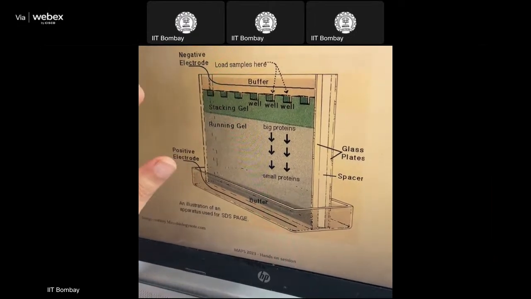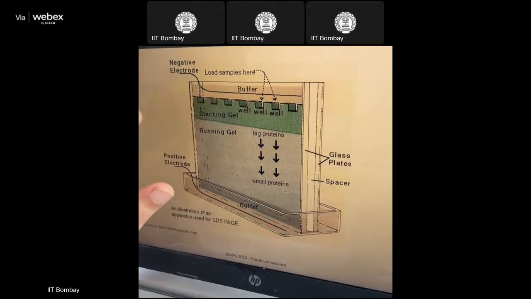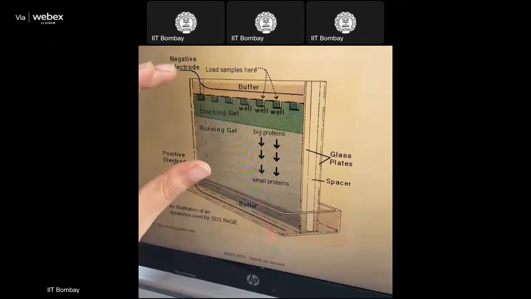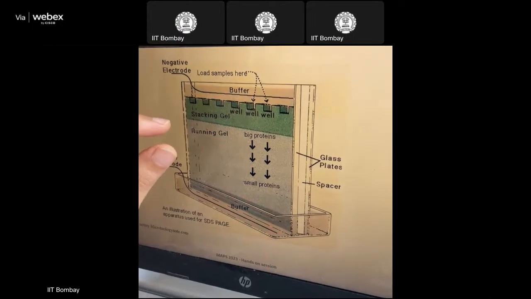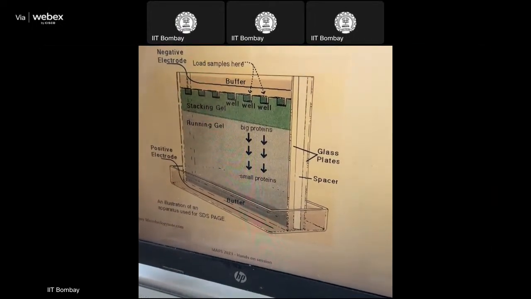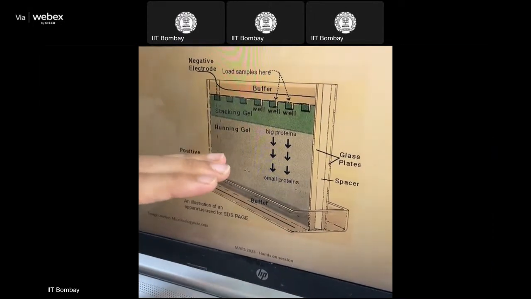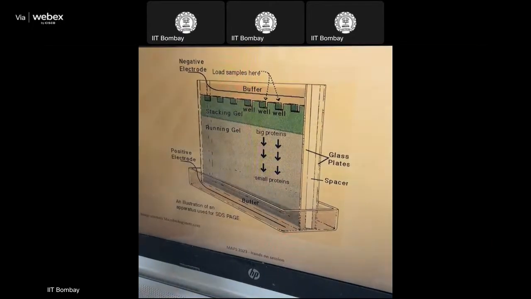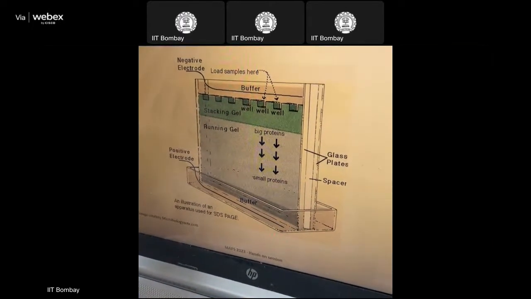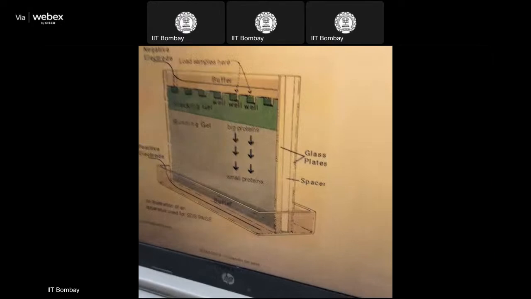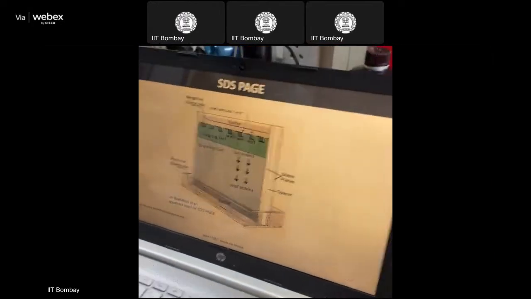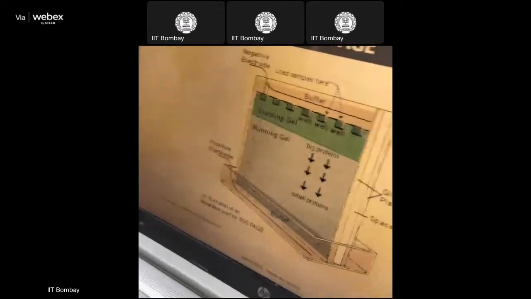And the SDS that we are using in the sample loading buffer and in the gel helps to give a uniform charge to all the proteins, so that they travel only based on their size rather than the positivity or negativity of the sample. So this is the basic SDS-PAGE concept.